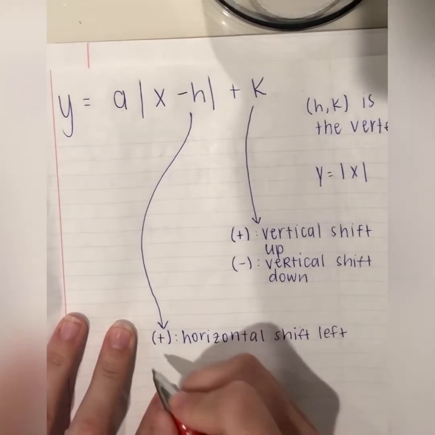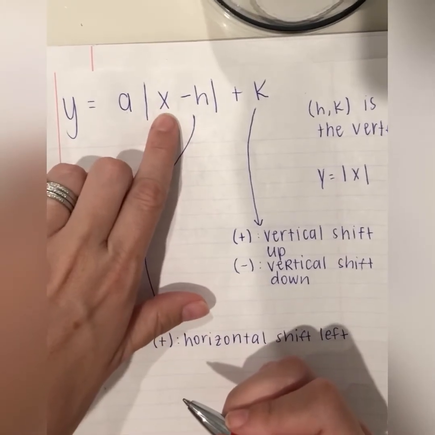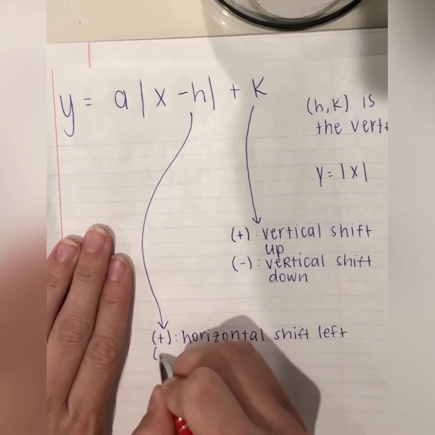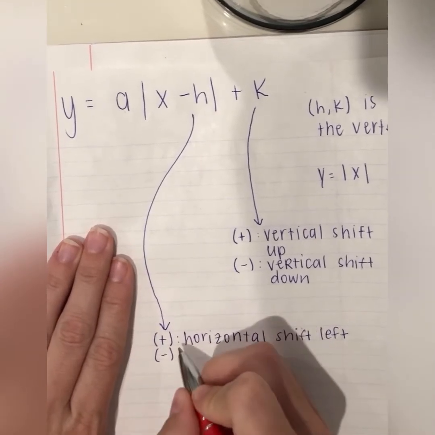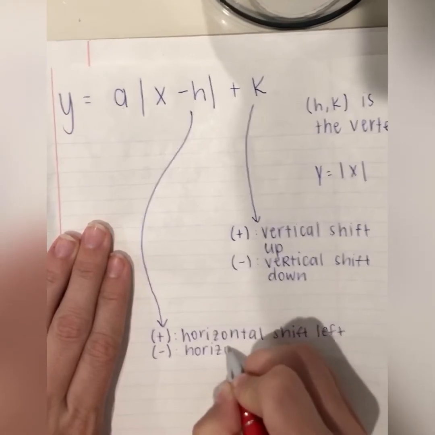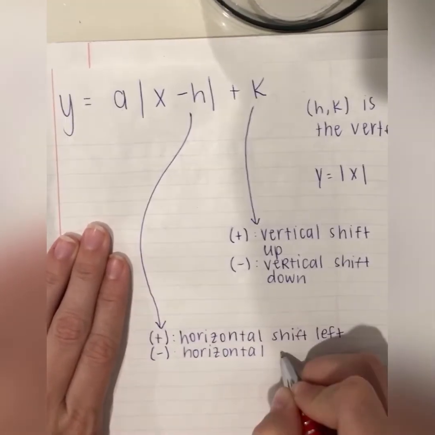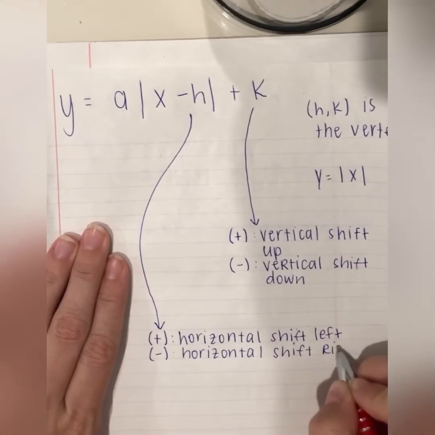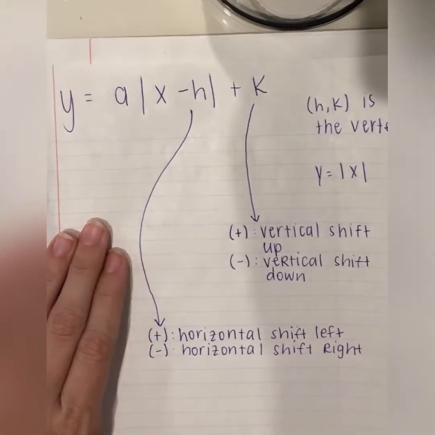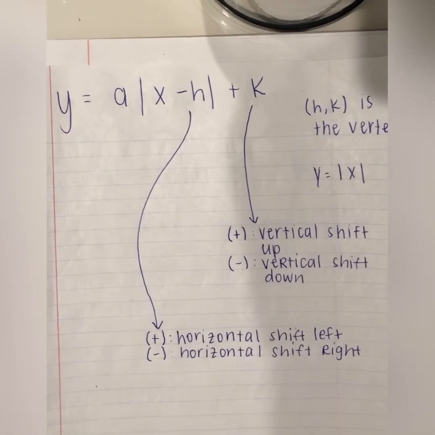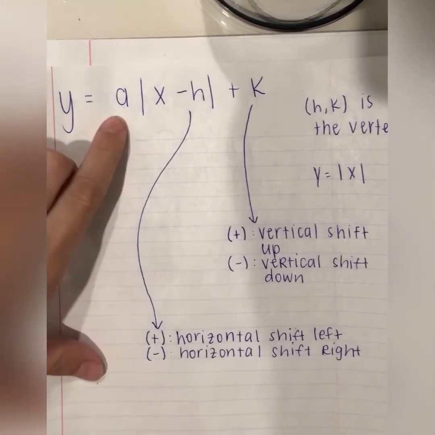Okay, and then if this is an absolute value of x minus some number, minus in there, then we are going to have a horizontal shift right. Okay, so these are kind of your rules, right, or kind of your shortcuts. So this is important information to know.